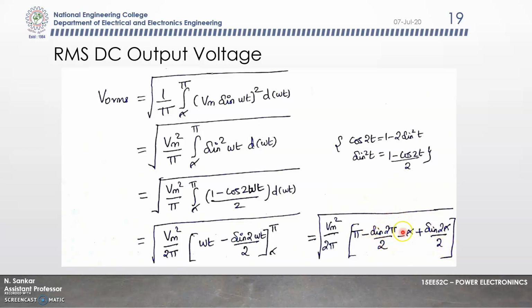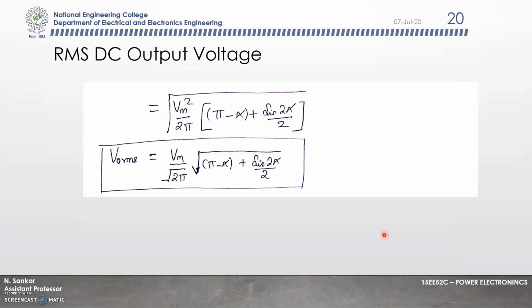Sin 2 pi is nothing but 0, so this term gets eliminated. The answer will be pi minus alpha plus sin 2 alpha by 2, into Vm square by 2 pi, all under a square root. So the final RMS voltage will be equal to Vm by root of 2 pi into pi minus alpha plus sin 2 alpha by 2.